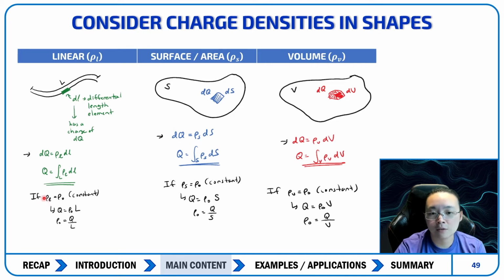In that case, your rho L is essentially rho naught, or a constant, and you can just factor it out to have rho L times the integral of dl, which is the total length capital L. So then you'll be able to figure out what the total charge is without integrating rho L's equation.